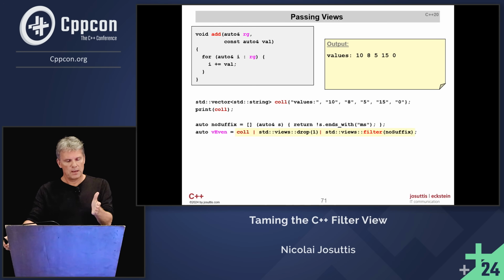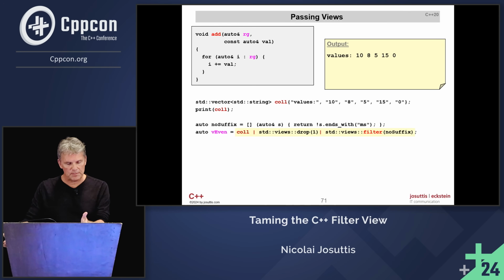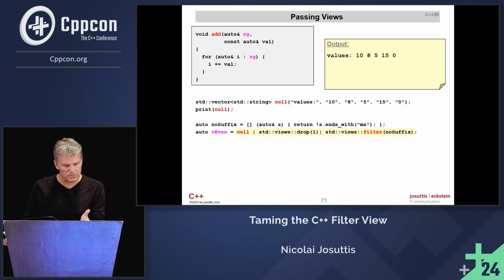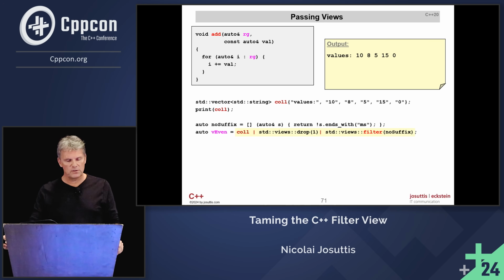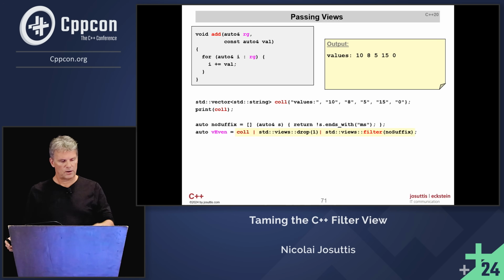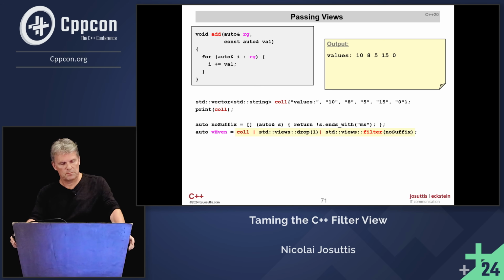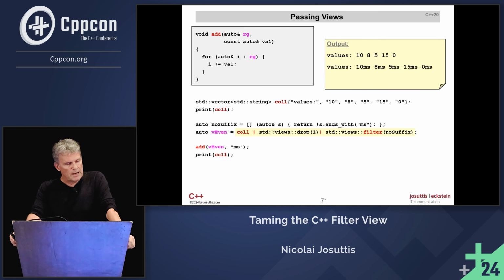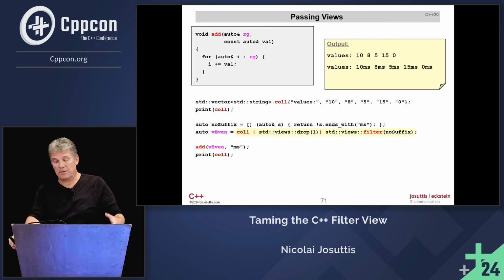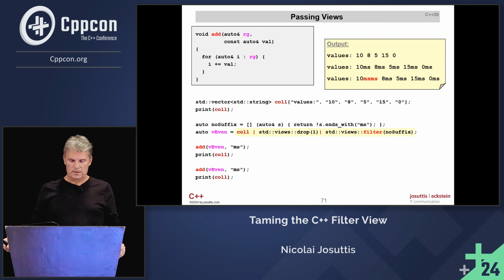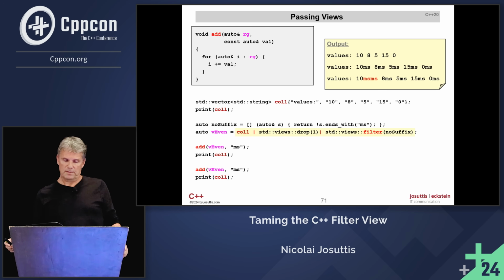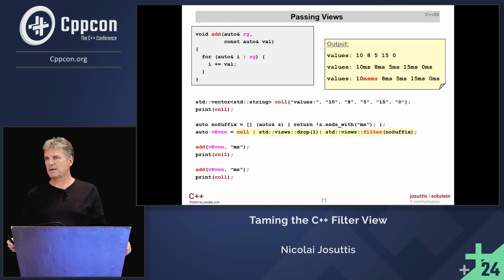So let me define: we take all the elements of this collection except the first one, and take only those that have no suffix. Well, all of them have no suffix. The suffix I mean here is ms, milliseconds. And then add ms to all these elements. Same problem. If you do that twice, you have an interesting outcome. The first element is ms.